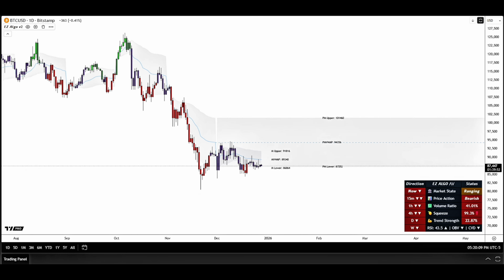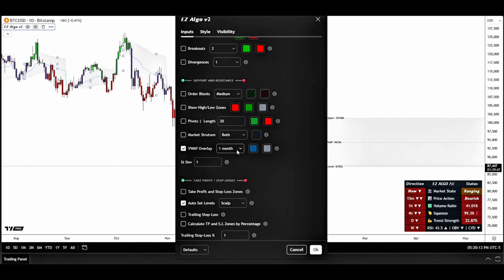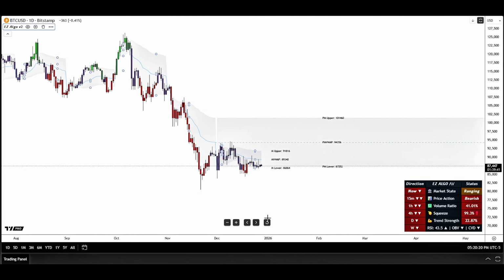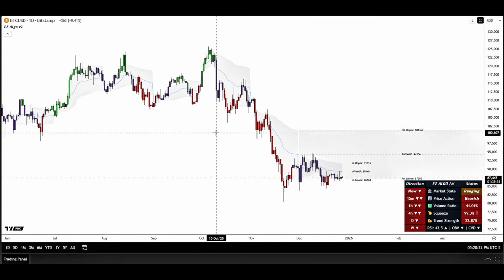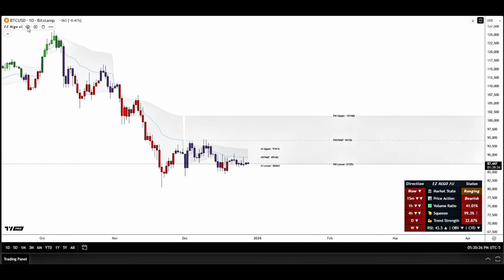All right, and finally moving on down the list, we have our VWAP overlay. And that's just going to tell us our important zones. We can set these up for different time periods.